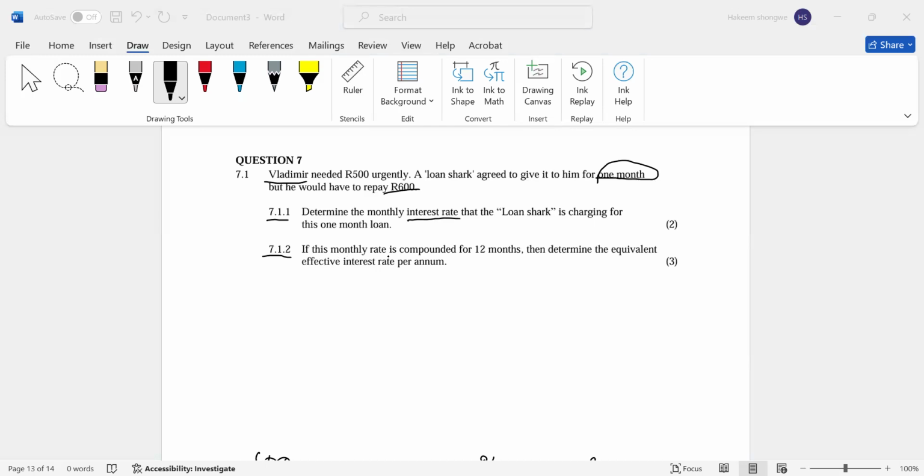It says if the monthly rate is compounded for 12 months, then determine the equivalent effective interest rate per annum. Here we're going to be using the formula 1 plus i effective, which is equal to open bracket 1 plus i nominal all over n, close bracket to the power of n.